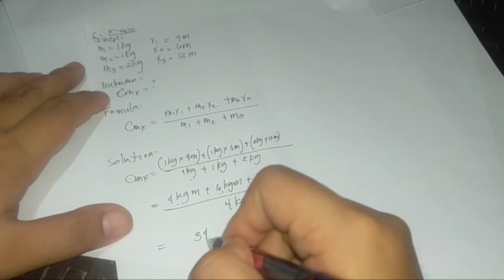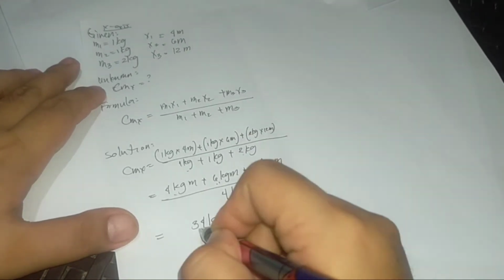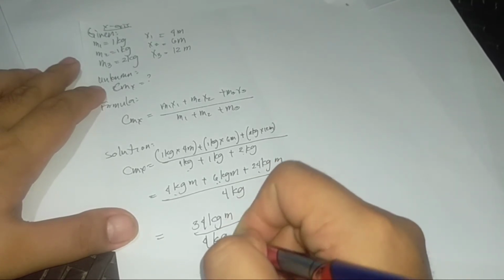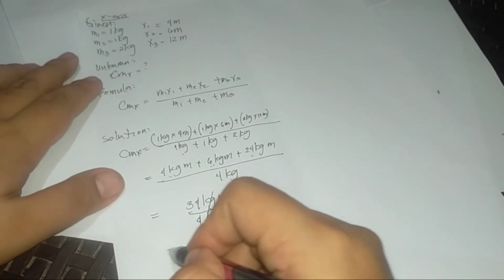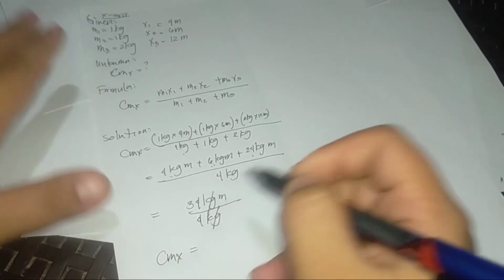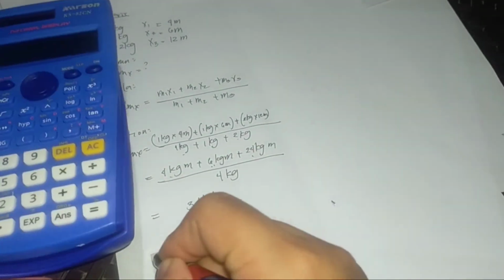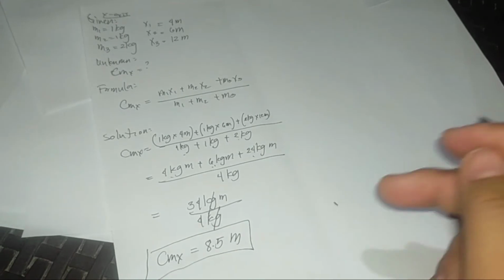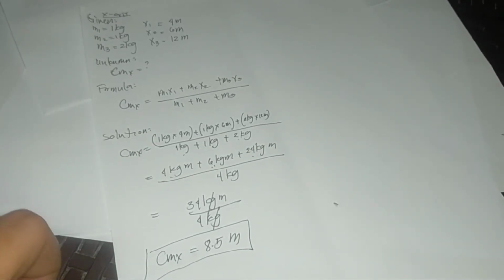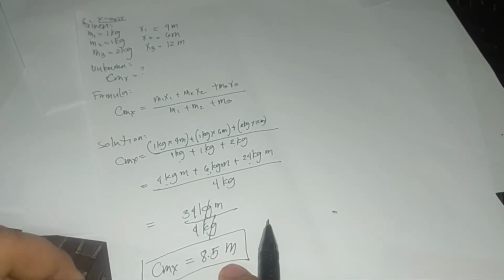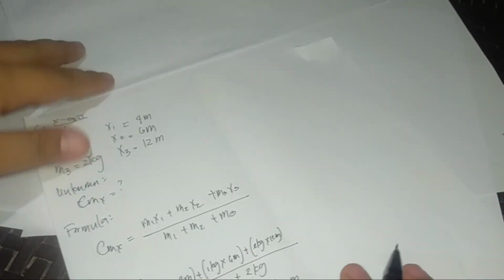So we have 34 kilogram meter divided by 4 kilogram. So cancel. CMx is equivalent to 34 divided by 4. This will be 8.5 meter. So the center of mass along the x-axis is 8.5 meter.